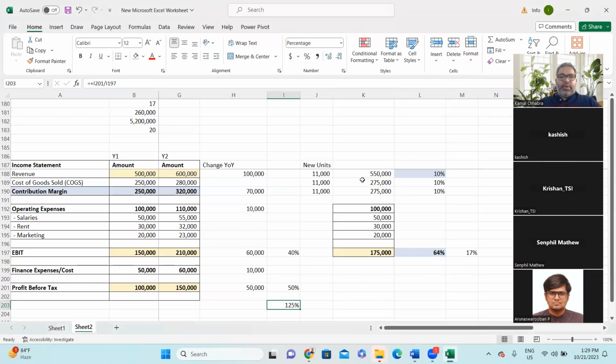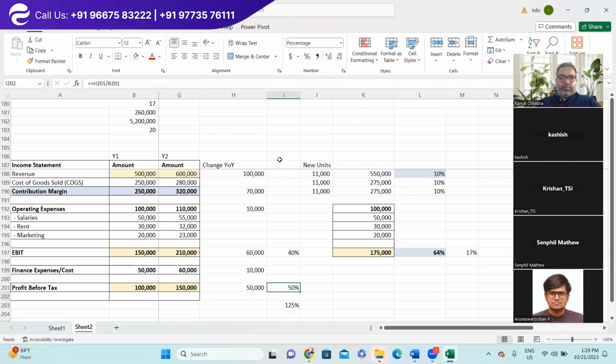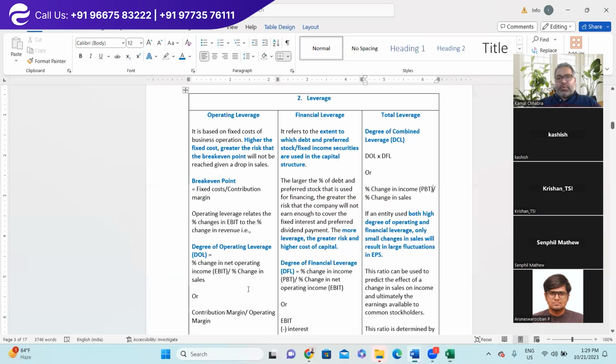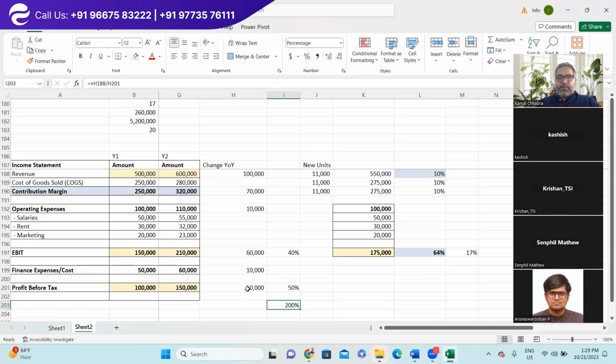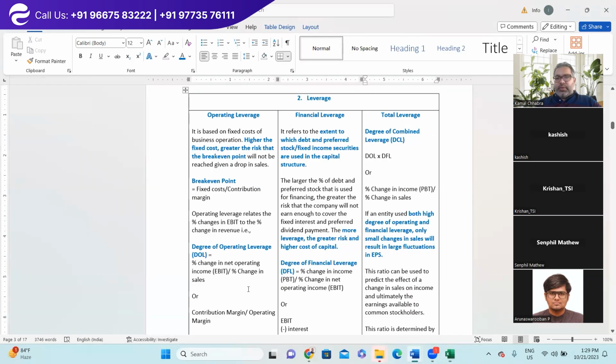So for total leverage, for change in sales you have $100,000, and change in profit before tax is around $50,000. So here the total leverage, change in sales divided by change in profit before tax, is around 200%. Right? We'll do the calculation, don't worry. This is what it means, change in income divided by change in sales.